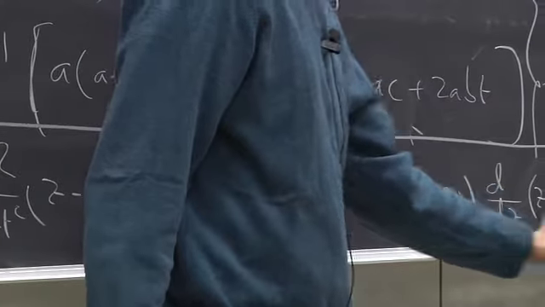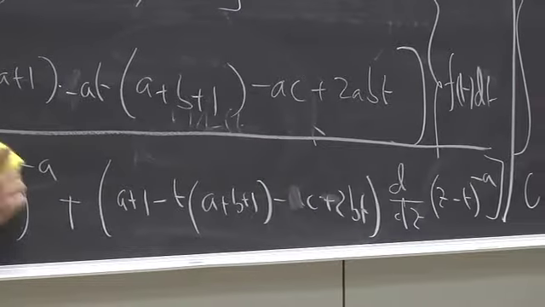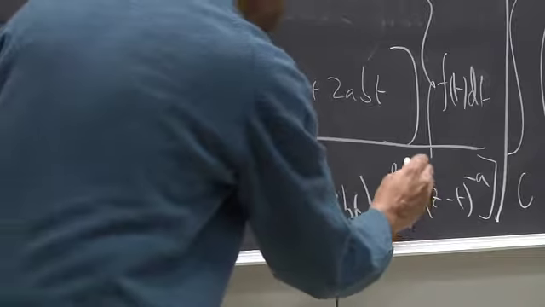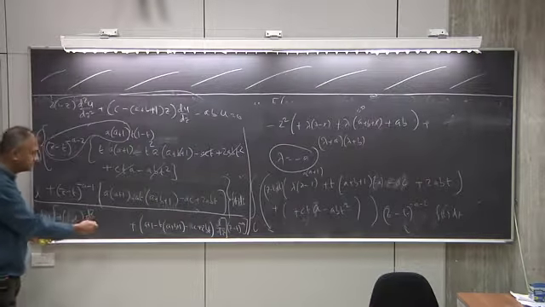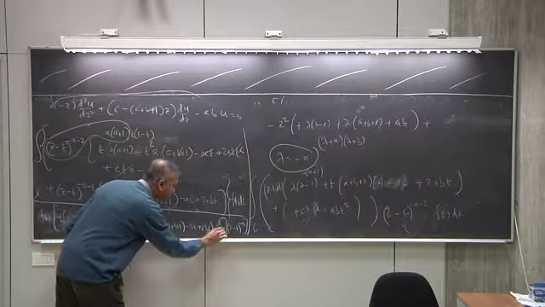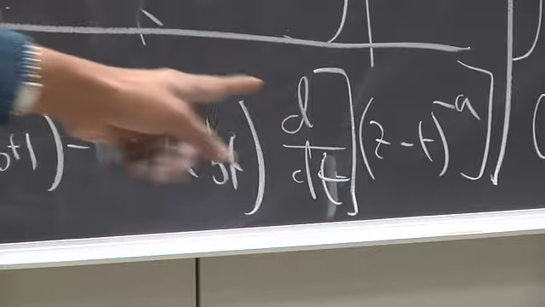Okay? So actually z minus t to the minus a is a common thing, so I can take this out. So this is a differential operator, a second order differential operator in t, sorry, this is t, acting on that.